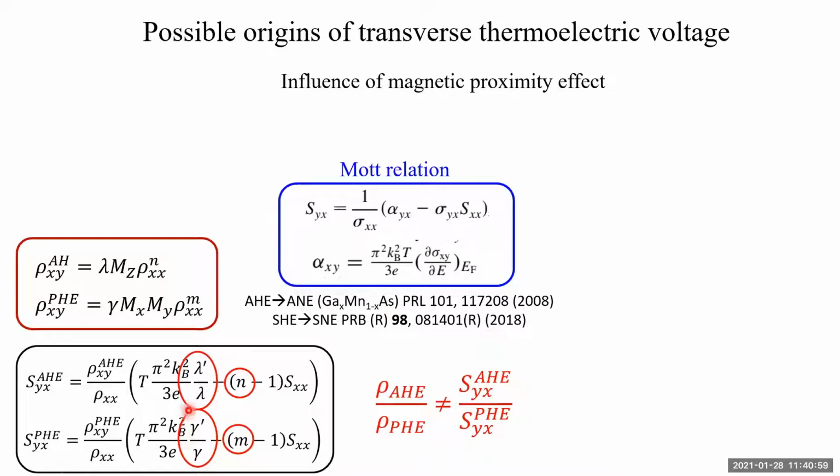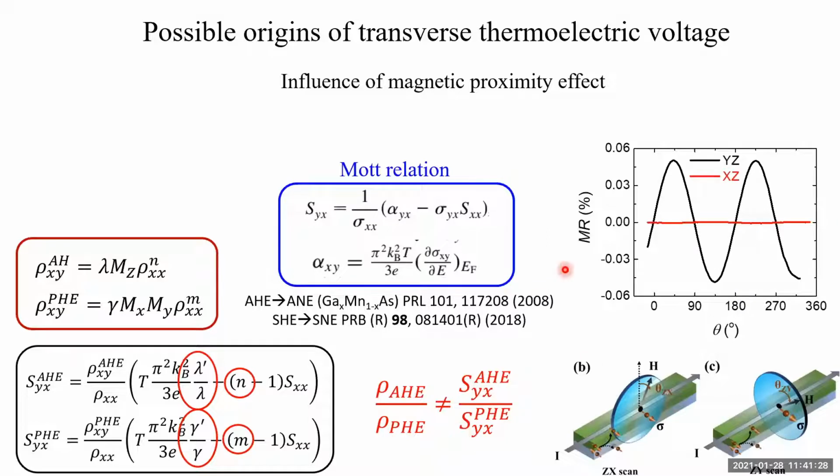The reason behind this is the temperature derivative of lambda and gamma, and also the values of N and M. So we believe this is the reason behind the deviation of AHE by PHE and ANE by PNE for TMIG platinum.